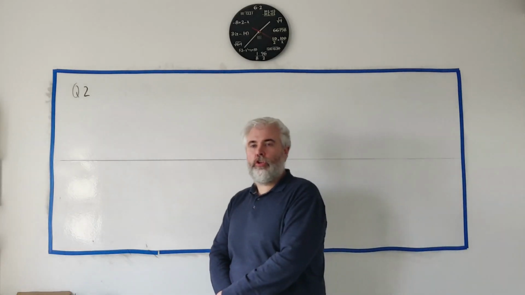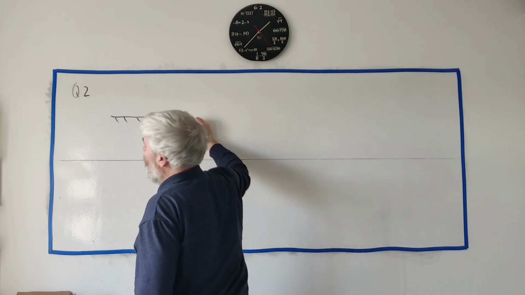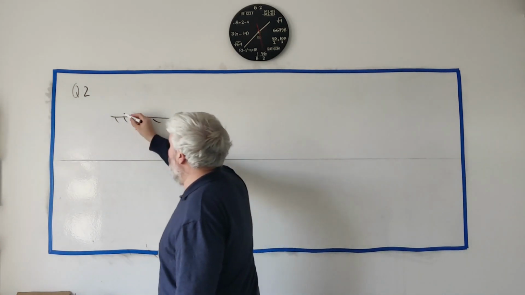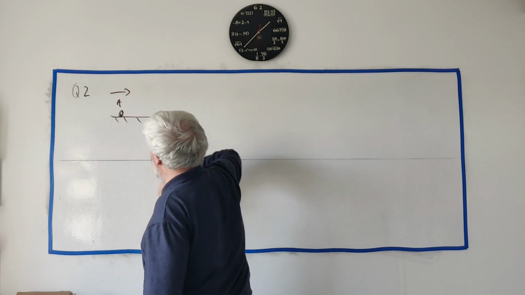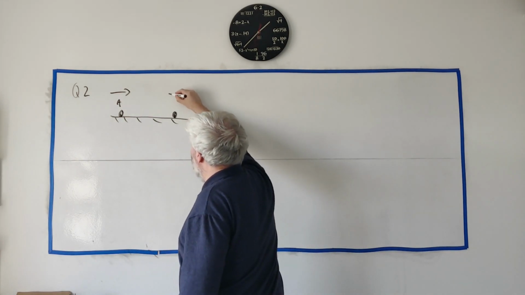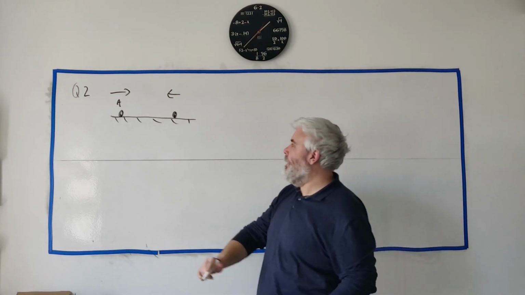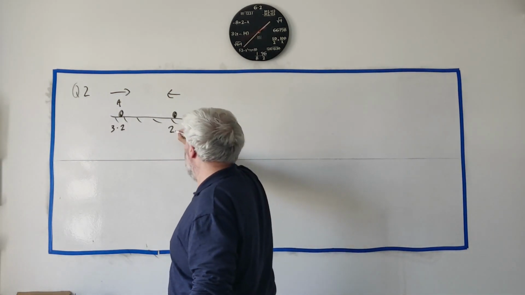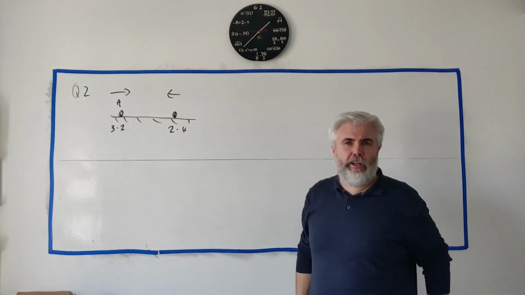In question 2, they describe a system where two balls, two masses, two particles, are traveling on a table. One of them, A, is going this direction, the other, B, is going this direction. They're going to collide with each other. We have some masses here, 3.2 and 2.4, and it's a little complicated how they describe it.